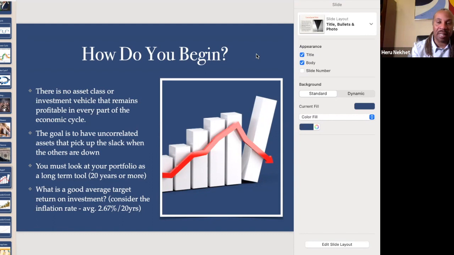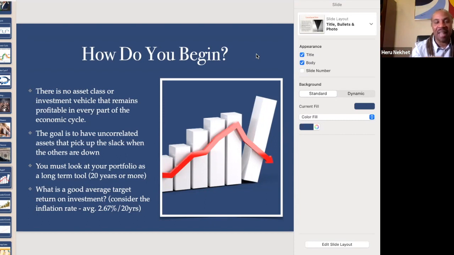Now, consider again that the average inflation rate over the last 20 years has been 2.67%. So we know we want to beat 2.67% for our money just to remain the same in terms of purchasing power, right? So we have to get that. And just to give you a note about how poorly we make decisions, most people who have a savings account, the average savings account currently is paying 0.25%.